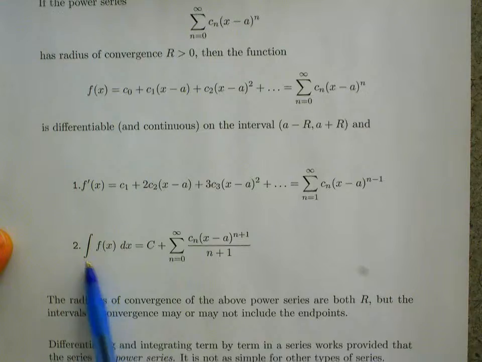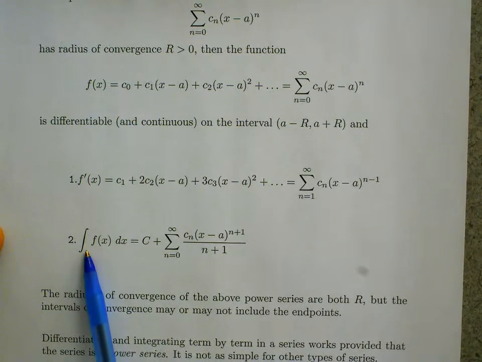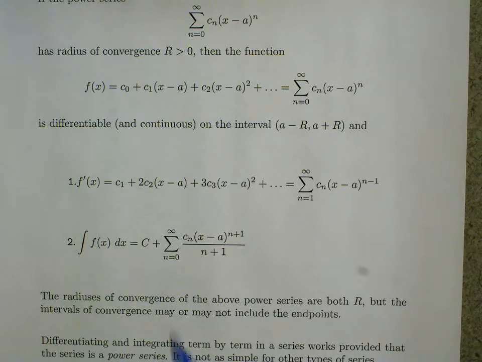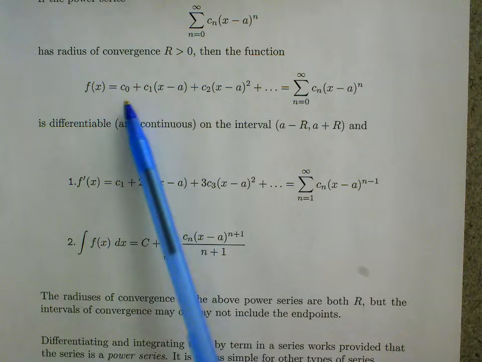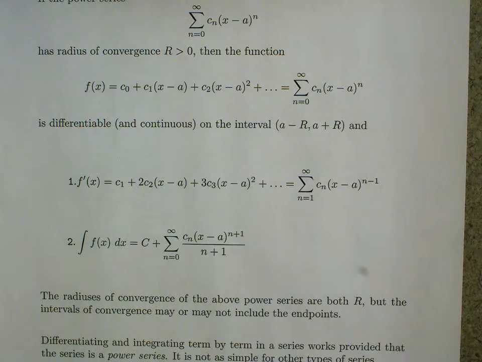And the indefinite integral of f of x is, first remember the constant of integration C, and then plus the term by term antiderivative of each of those terms from f of x.